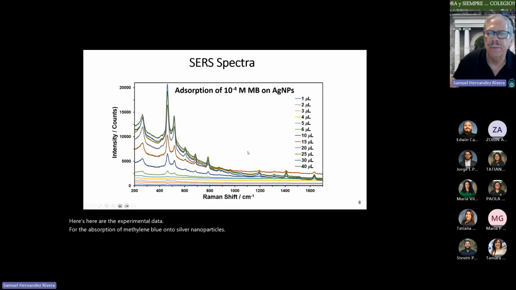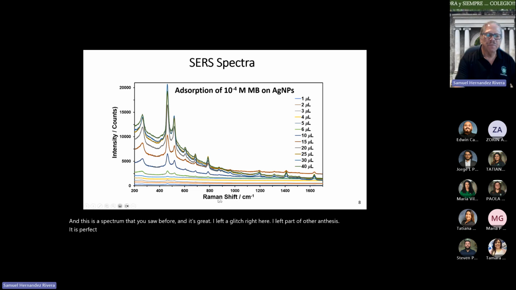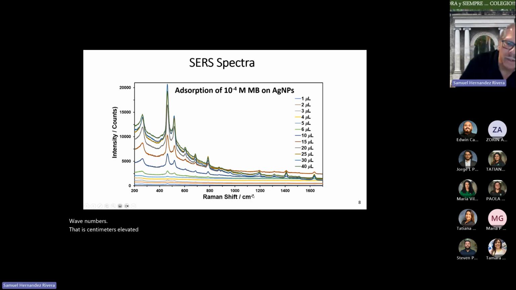And this is a spectrum that you saw before. And it's great. I left a glitch right here. I left part of a parenthesis. Nobody's perfect, okay? But you have Raman shift, slash, wave numbers, that is centimeters to the -1, and you have the full spectrum from 200 wave numbers all the way to 1700 wave numbers.